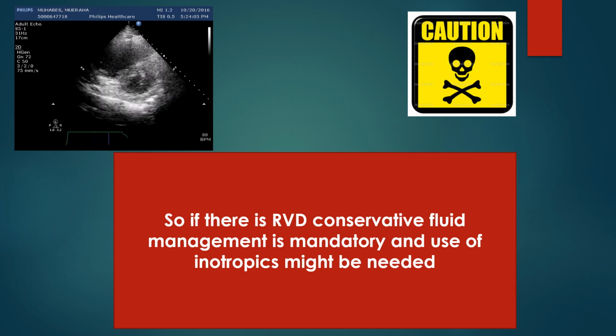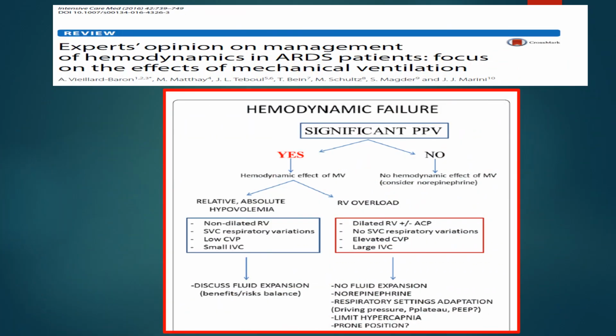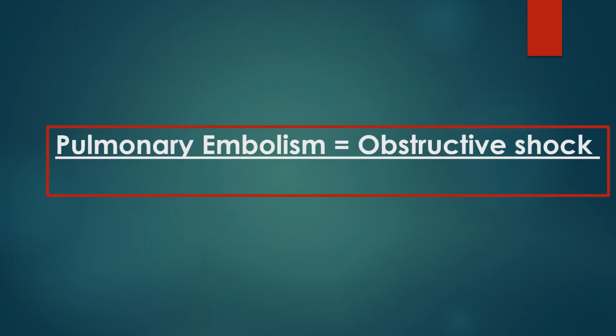They can give false negative results if you have RV dysfunction. There is a very good review in the literature, expert opinion on how to manage hemodynamically unstable patients in ARDS. But here, again, if you have a dilated, overloaded RV, you should not give IV fluid, and you should go with norepinephrine and dobutamine to support the hemodynamics.